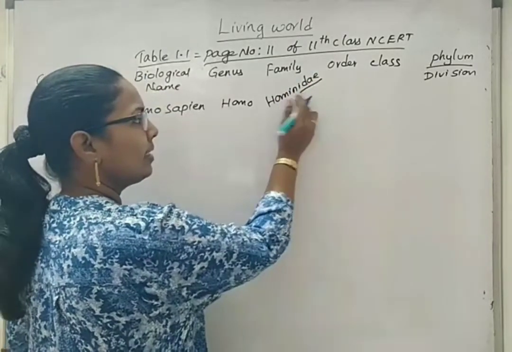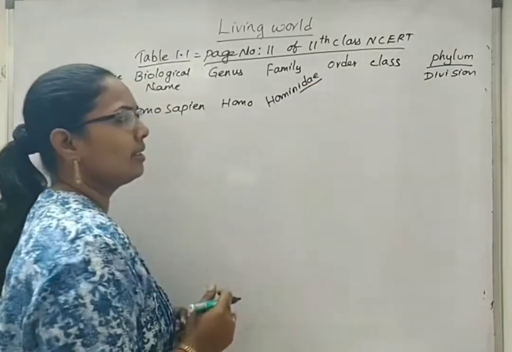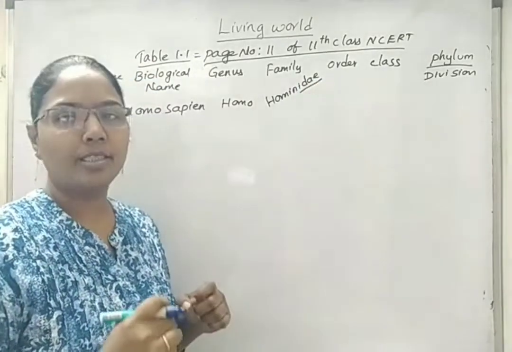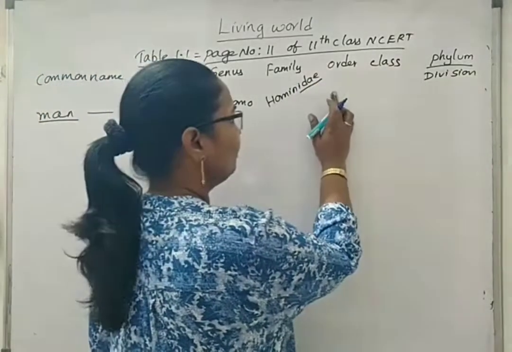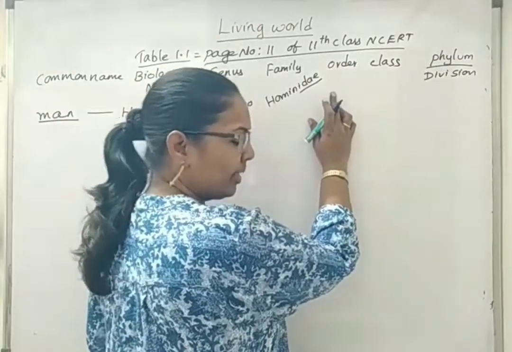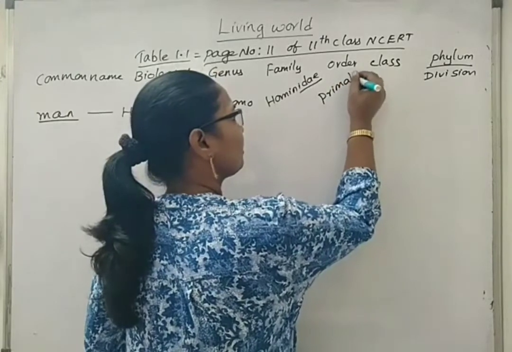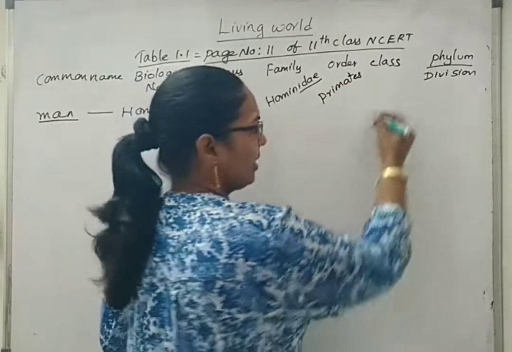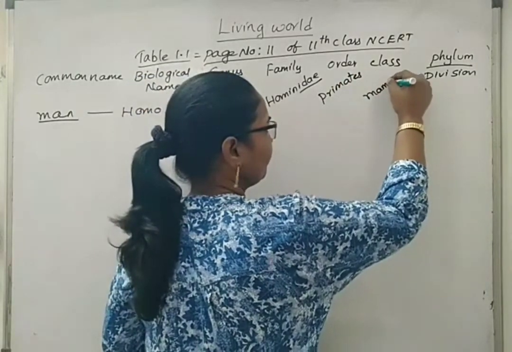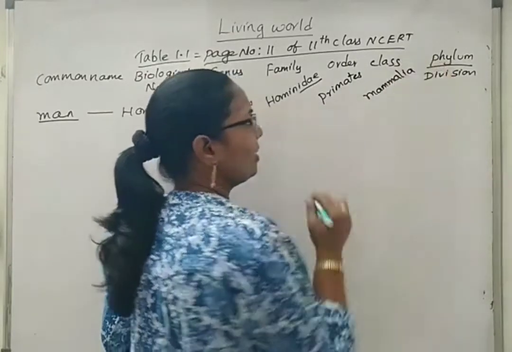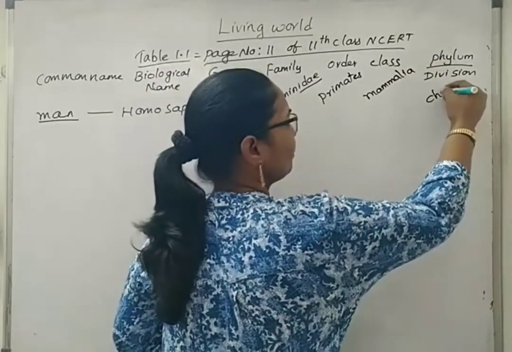Here at the end, IDAE is particularly important to learn. Next, under what order do human beings come? They are placed under Primates. The class is Mammalia. Division is Chordata.